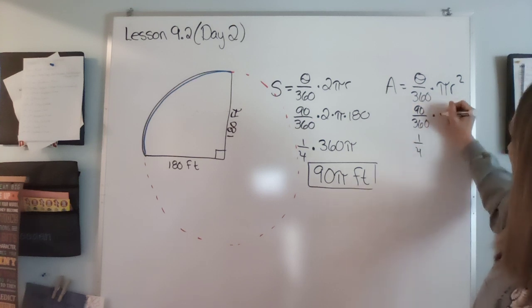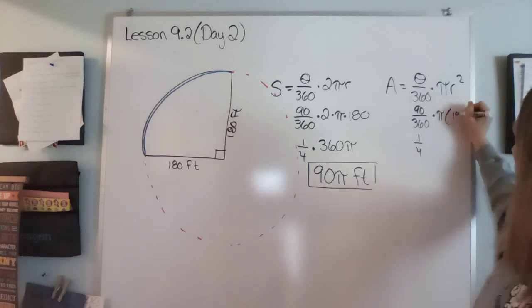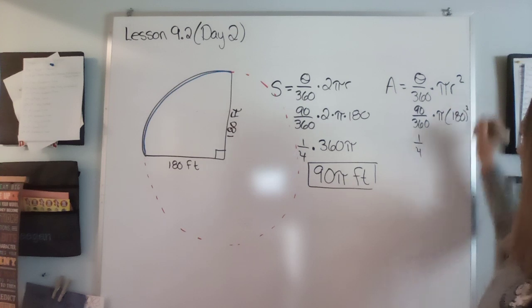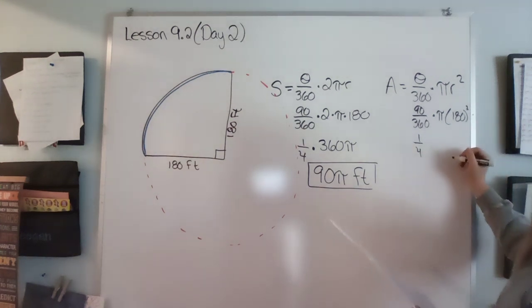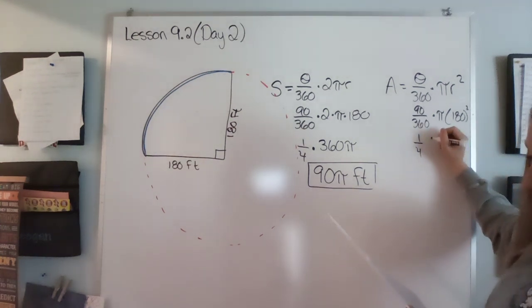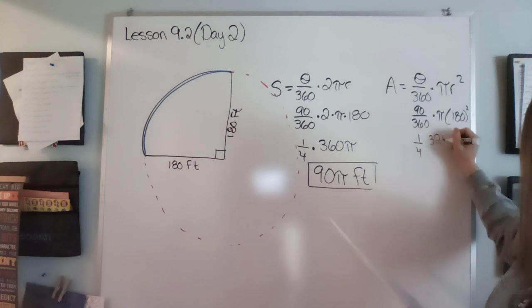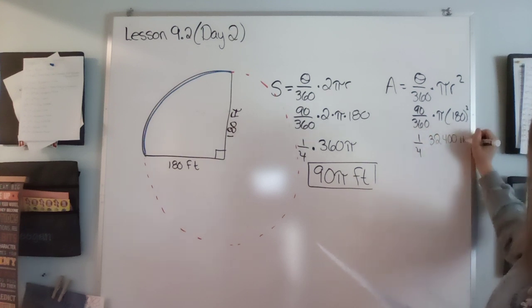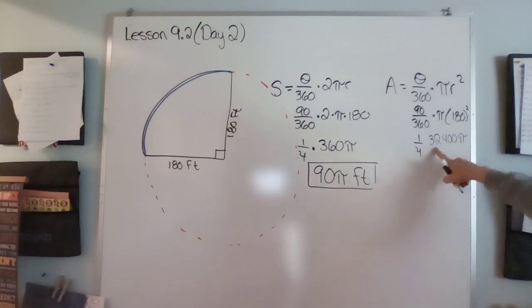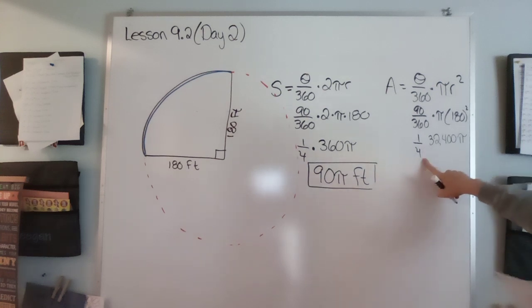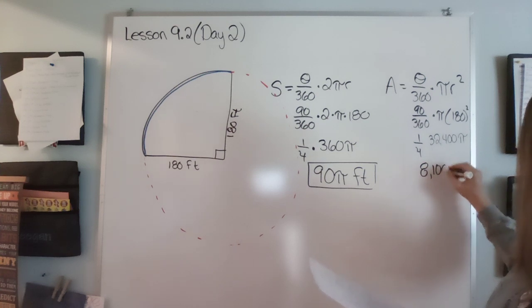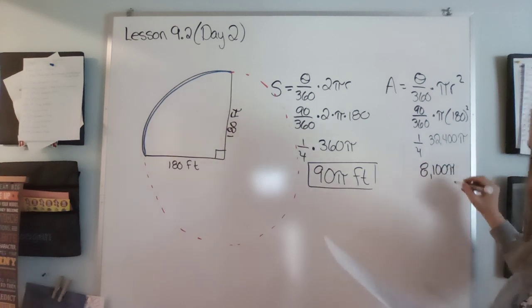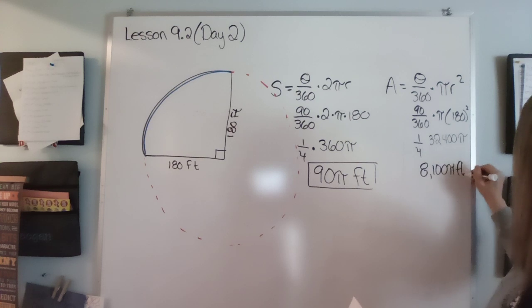And then you have to multiply that by pi and your radius 180 squared. 180 squared is 32,400, and don't forget your pi. And then 32,400 divided by 4 is 8,100 pi, and it's feet squared.